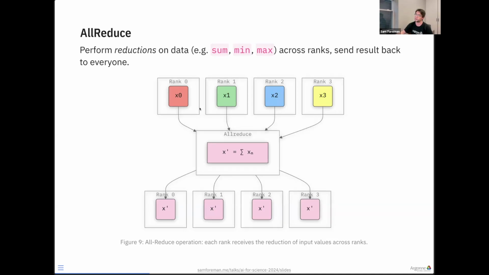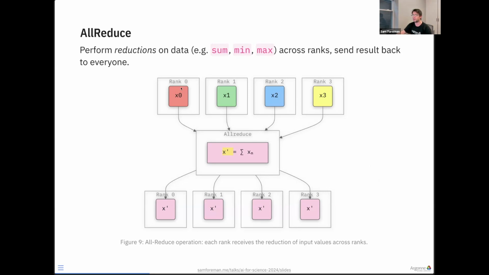So in this example here, we see each rank has some unique x0, x1, x2. I can call this global all-reduce. For example, if I want to take the sum over all of them, I can call all-reduce with the sum operation, calculate the sum over the data on each of the individual ranks, get some output, and then send that output back to everyone.